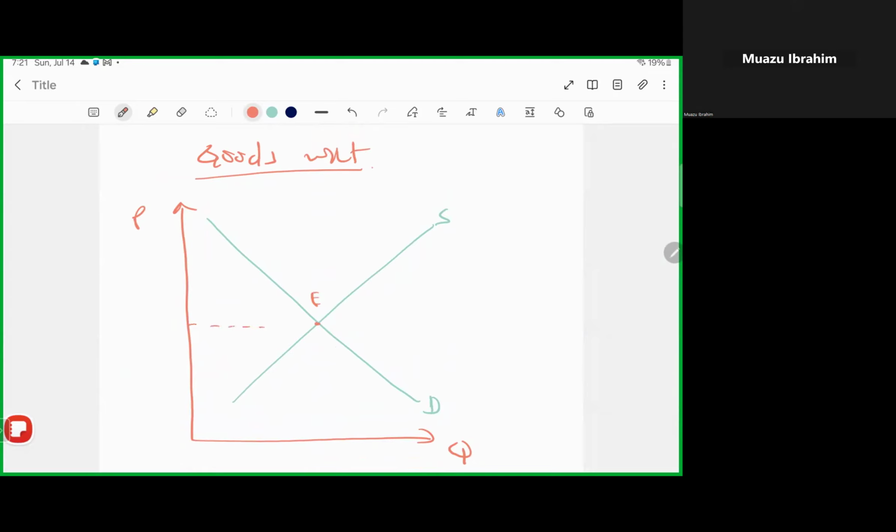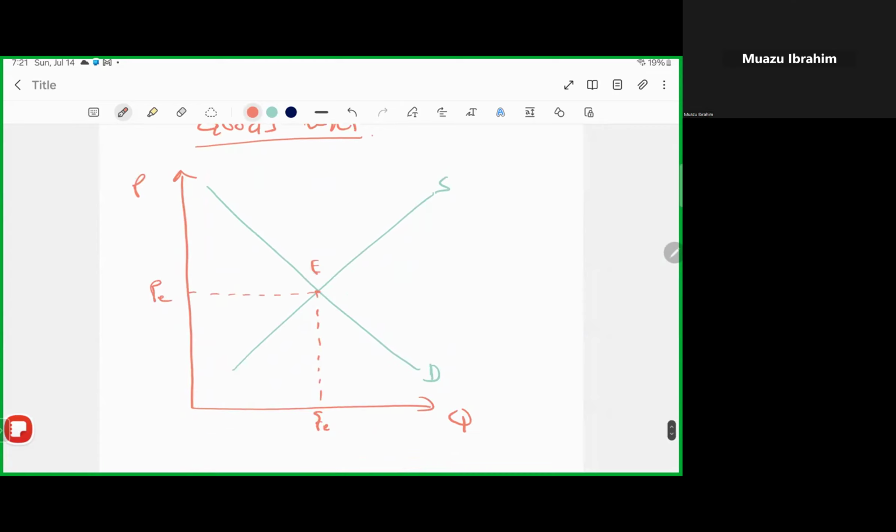This will be the equilibrium price, let's say PE, and this will be the equilibrium quantity, let's say QE. Now, in the absence of any price controls, this is how much demanders pay for it, and this is also how much suppliers receive for it. Remember, I said at equilibrium we have only one price.